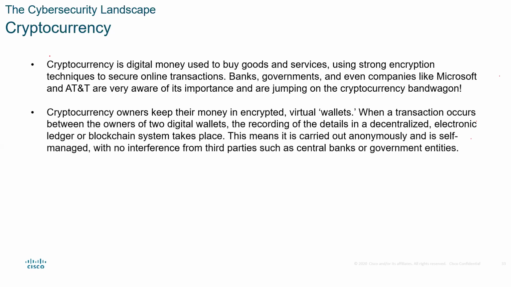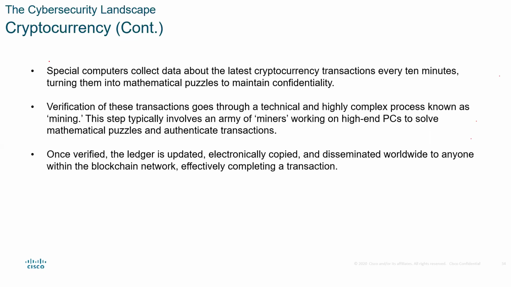This means it is carried out anonymously and it is self-managed with no interference from third parties such as central banks or government entities. Special computers collect data about the latest cryptocurrency transactions every 10 minutes, turning them into mathematical puzzles to maintain confidentiality.